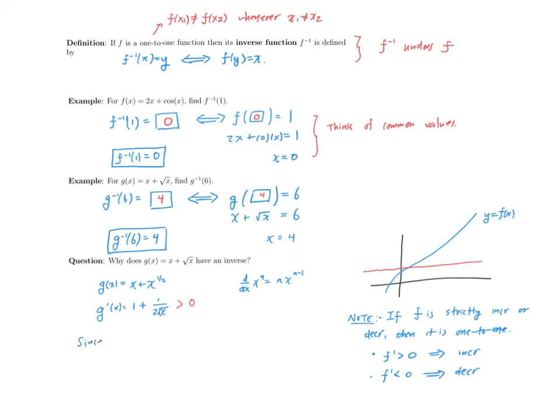So since g of x is always increasing, its graph must pass the horizontal line test. And note, when we say its graph passes the horizontal line test, that's really just saying that g is a 1-to-1 function and it has an inverse.